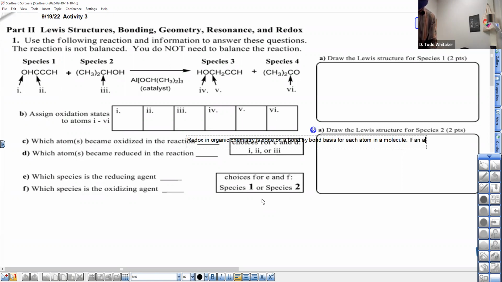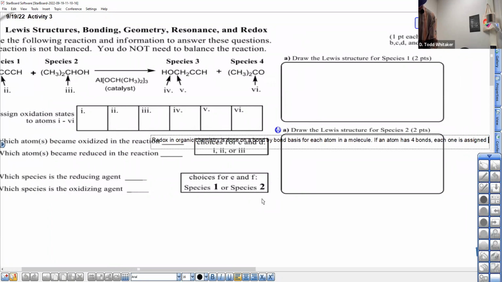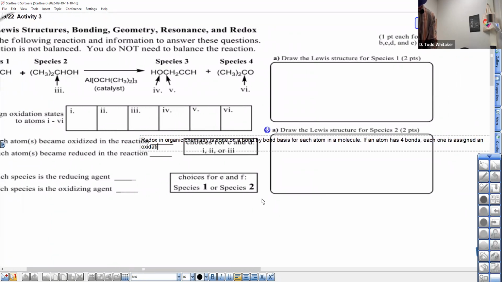If an atom has 4 bonds, each one is assigned an oxidation state according to the following. 1, +1 for a bond to a more electronegative element.